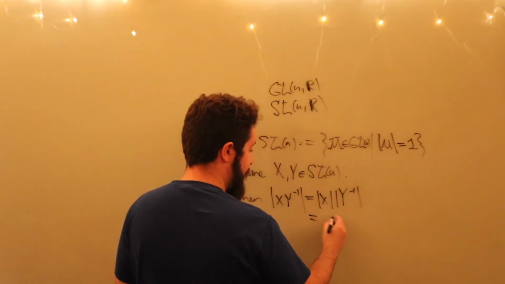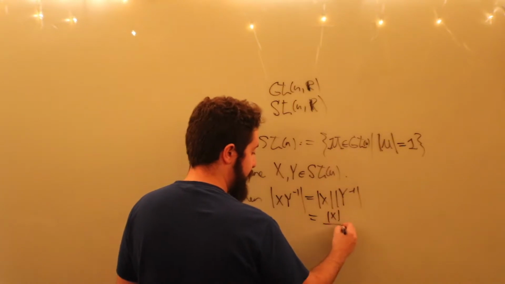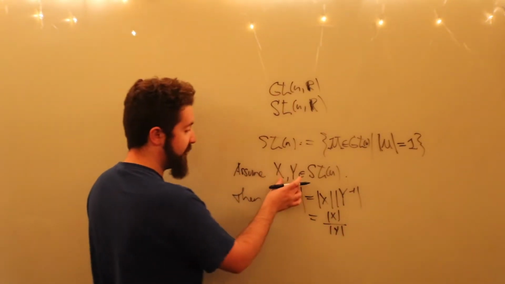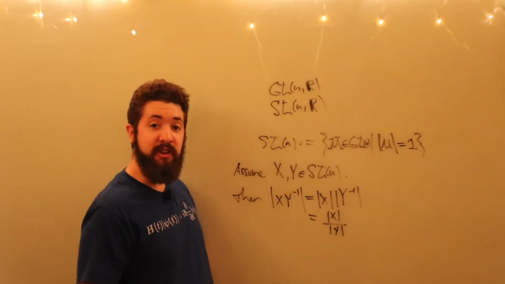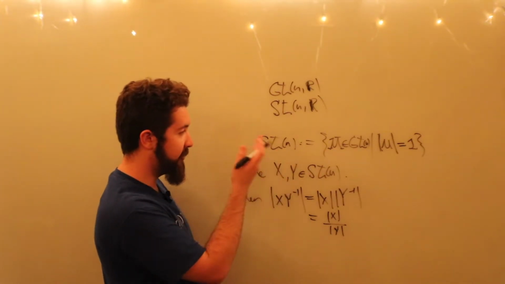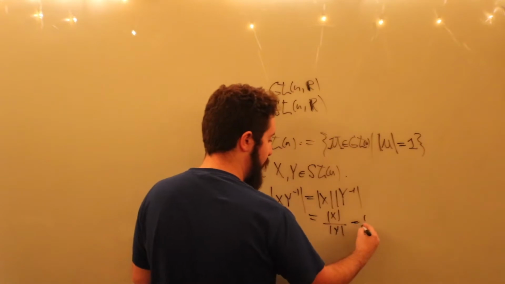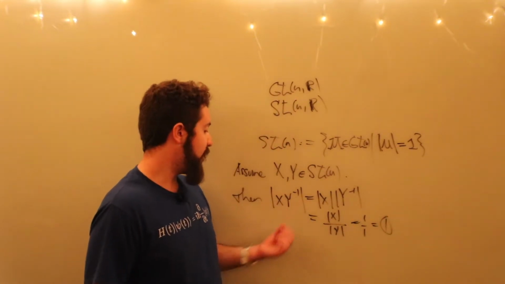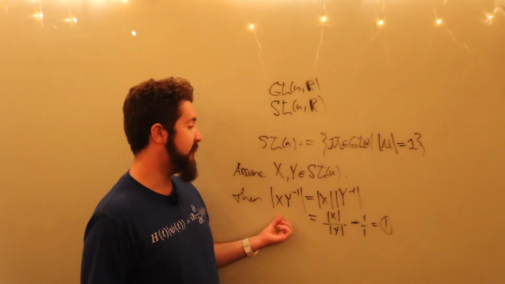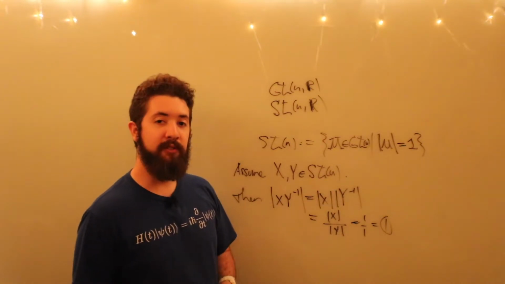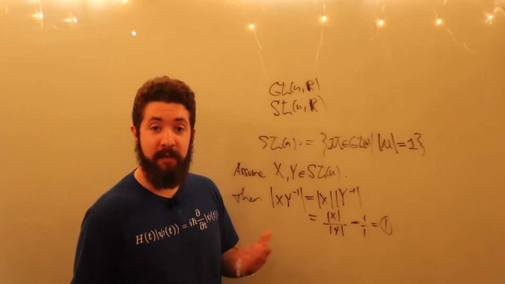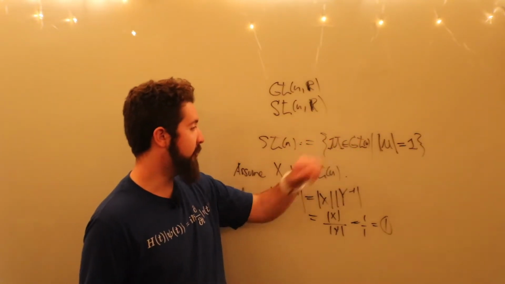So that this is determinant of X divided by the determinant of Y. But since X and Y are both in the special linear group, their determinants are just 1. So this is equal to 1 divided by 1 is equal to 1, and so this product, XY inverse, is definitely in the special linear group. And so it passes the subgroup test, and it is a group, a subgroup of the general linear group.